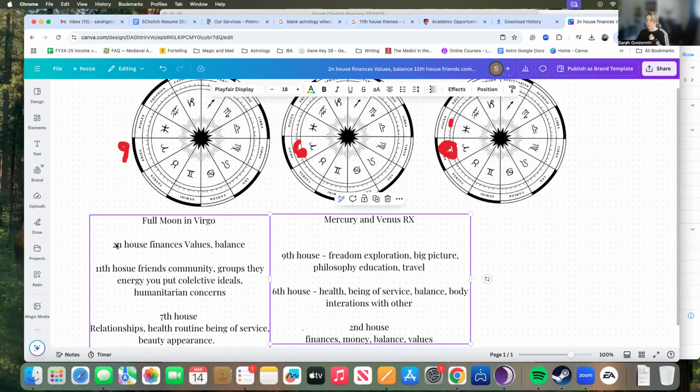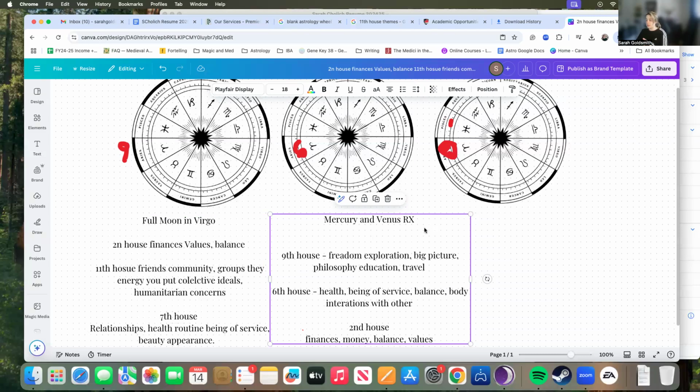Virgo rules my second, 11th, and 7th houses through these three different charts. In a rising sign chart, we would just be like, oh, Virgo rules your seventh house because your rising is in Pisces. No, it also rules my 11th and second through my other signs.